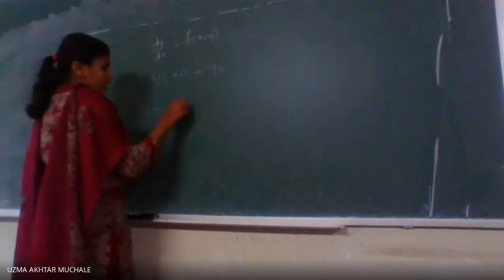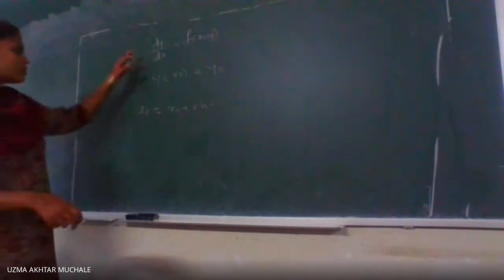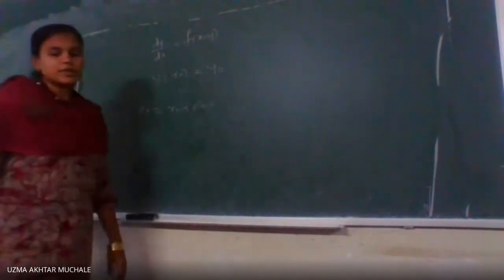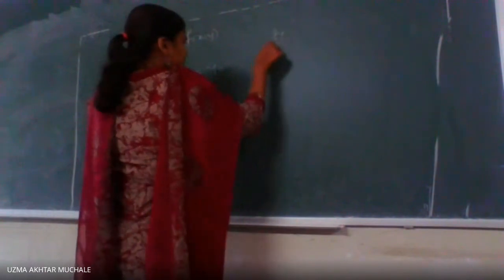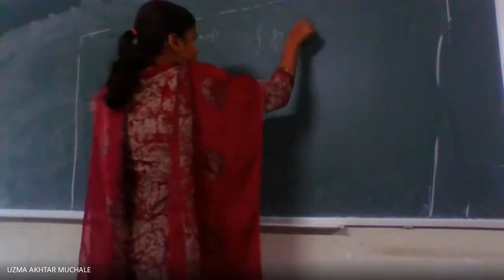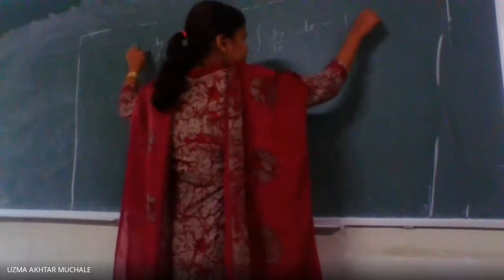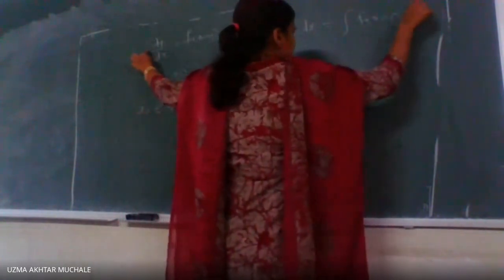What is the next thing provided to us? xr is equal to x naught plus r into h. Now what we have to do is just integrate it. After integration of this equation, I get the integration within the limits x naught to x1 of dy by dx, and integration is also with respect to x of f of x, y dx.